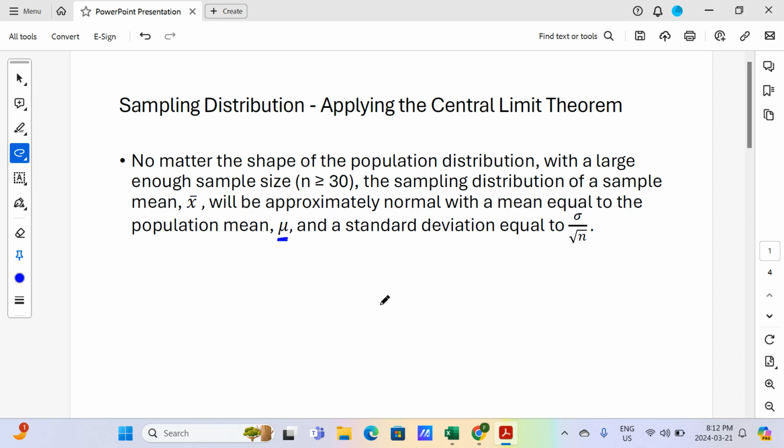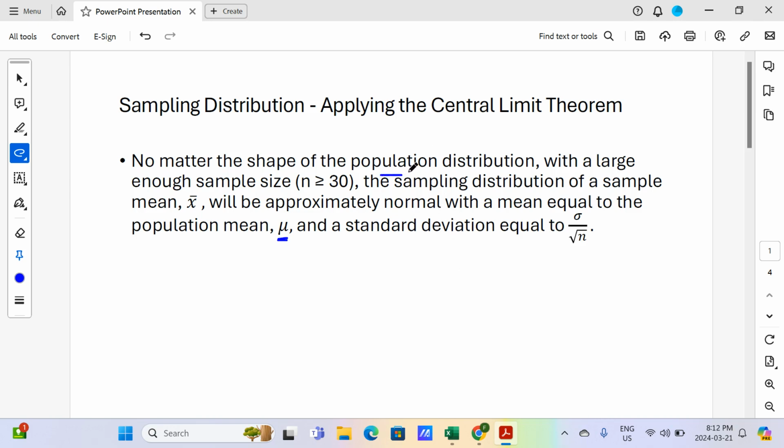Okay, so look at here, central limit theorem says if the population is a normal population, the sampling distribution of the sample mean would be a normal distribution. But what happens if the population is not normal?